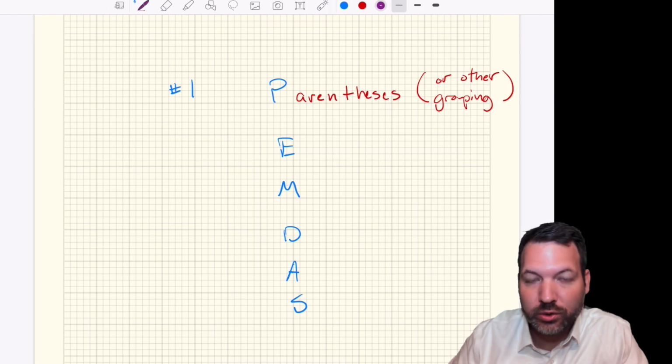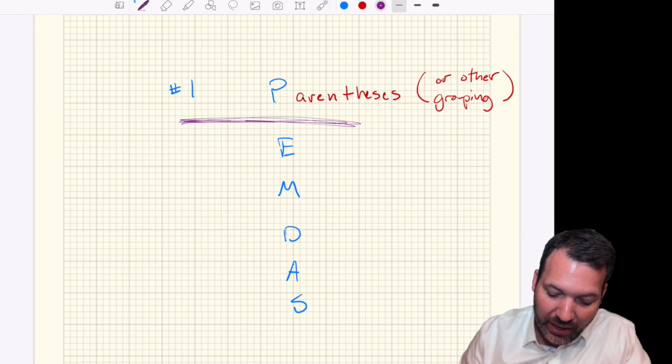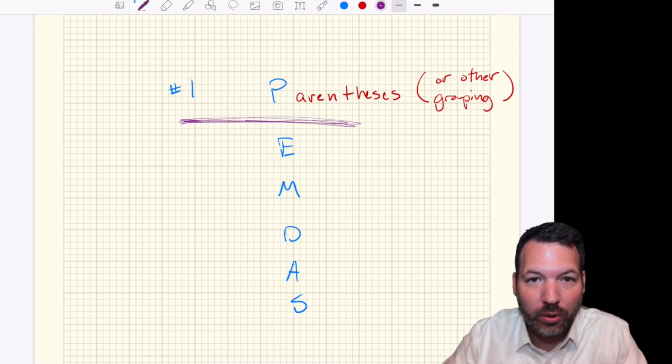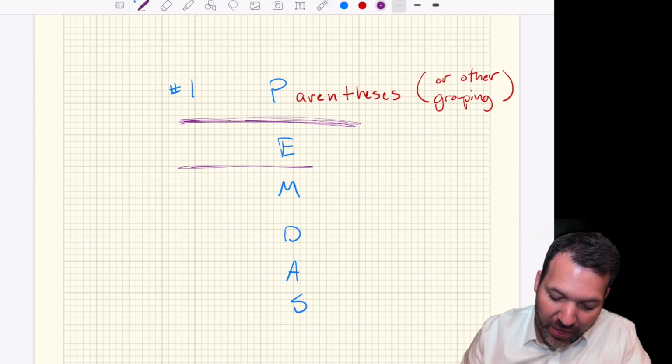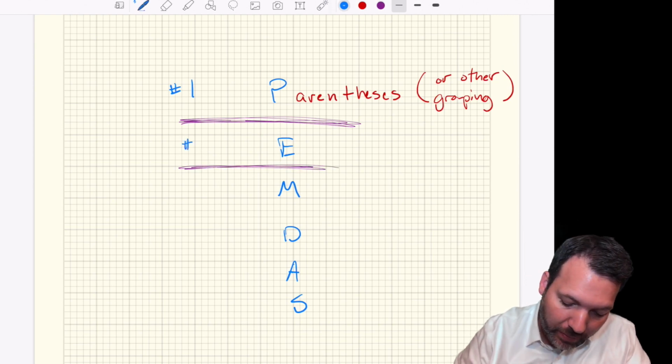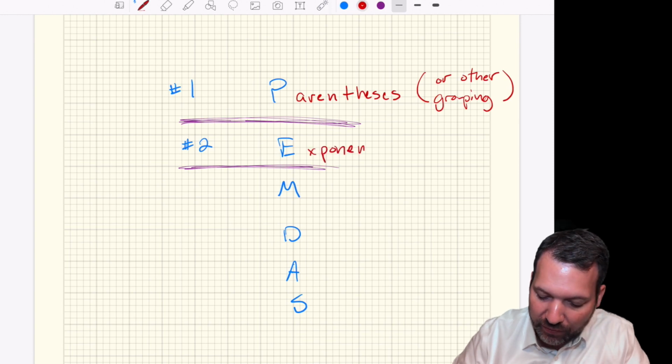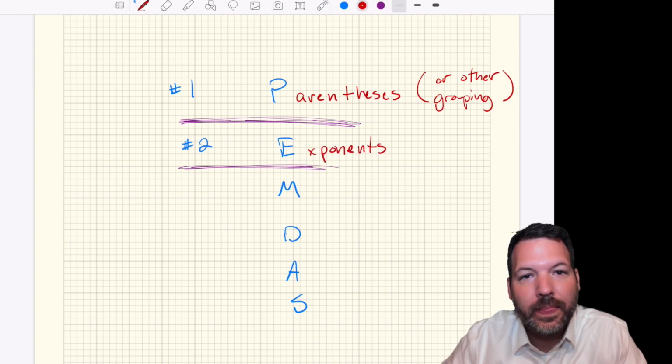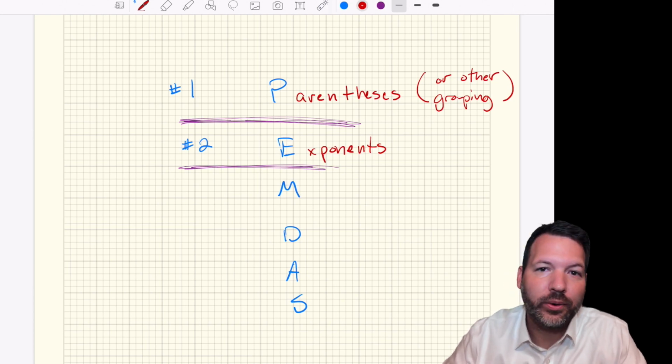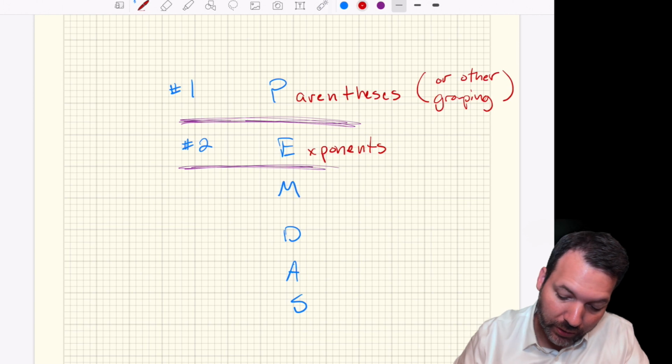Anything that we have those grouping symbols around is going to get our number 1 priority. That's where we always begin. And then after that, we're going to give our number 2 priority to exponents. We'll evaluate any exponents after we evaluate our grouping symbols, anything raised to the 2nd power or the 3rd power or so on.